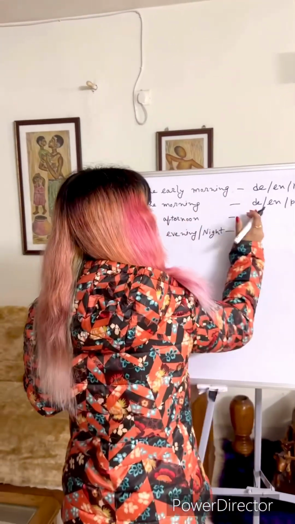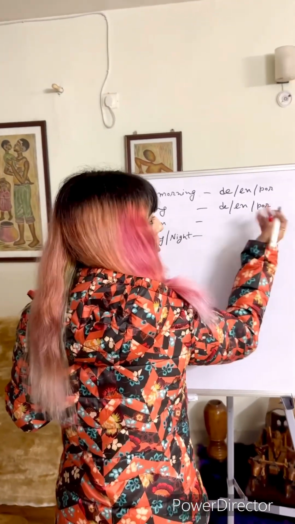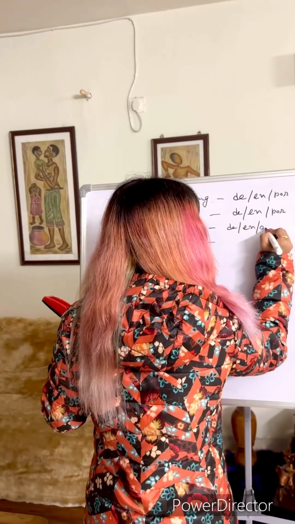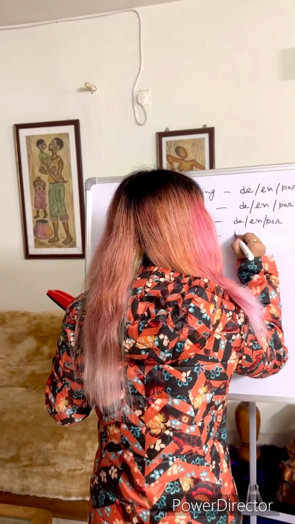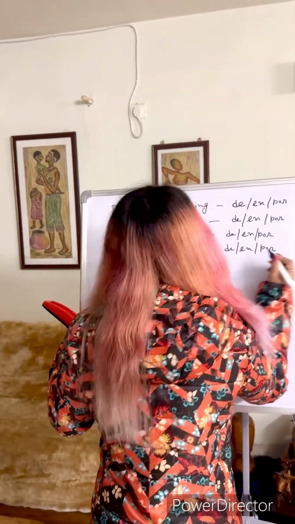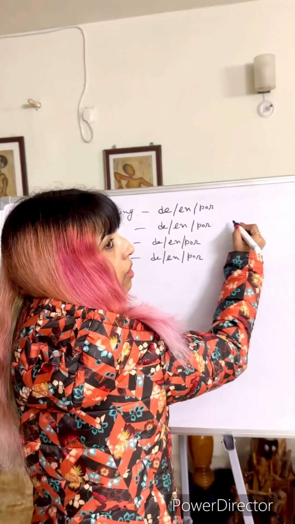But usually you can use de, or en as well. So de, en, or por. So how do you say morning in Spanish?